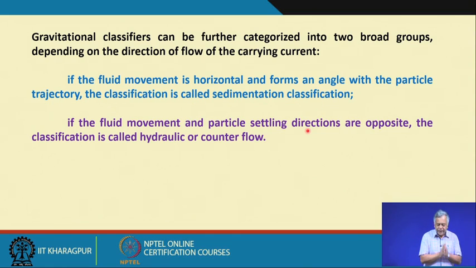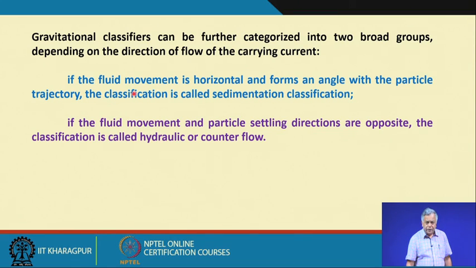Gravitational classifiers can again be categorized into two broad groups depending on the direction of the flow of the carrying current. What is the meaning of that? I have tried to explain it here.